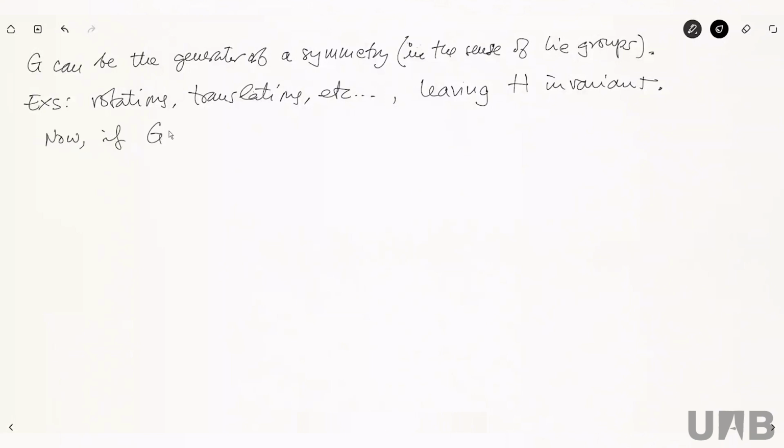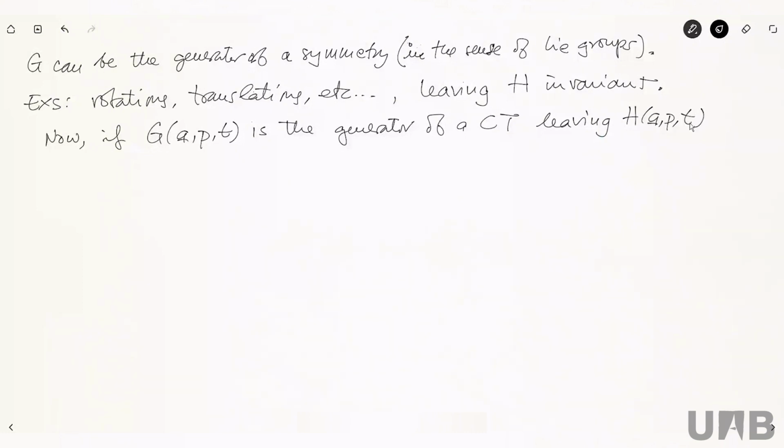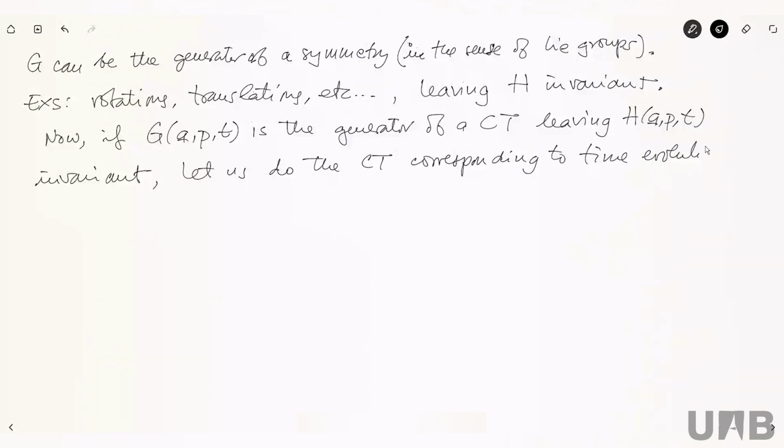Now if this generator, G of Q, P, and T, is the generator of a canonical transformation leaving H of Q, P, and T invariant, let us do the canonical transformation corresponding to time evolution, because we saw that time evolution is also a canonical transformation.